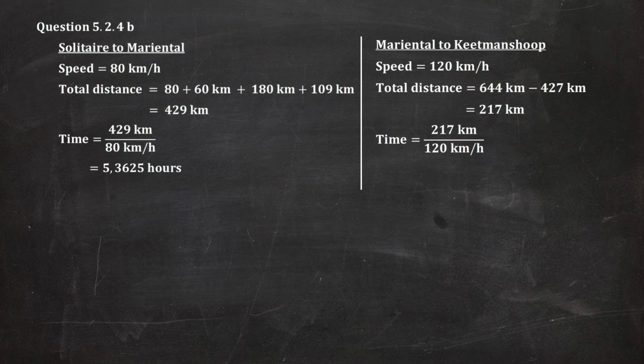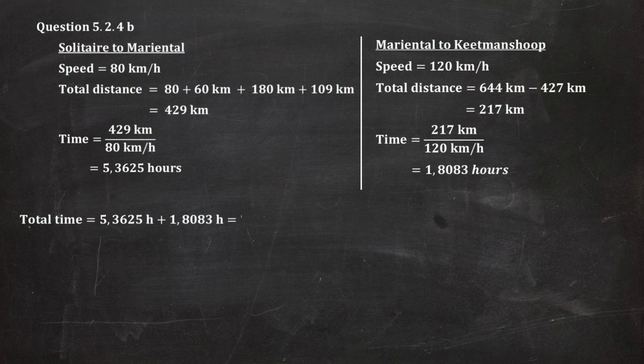So the time taken to travel between these two towns would be 217 kilometers divided by 120 kilometers per hour, and this equals a time of 1,8083 hours. Now the time it will take to travel all the way from Solitaire to Keetmanshoop would be 5,3625 hours plus 1,8083 hours, and this equals a total time of 7,1708 hours.